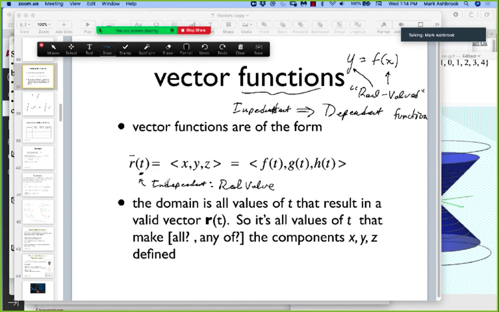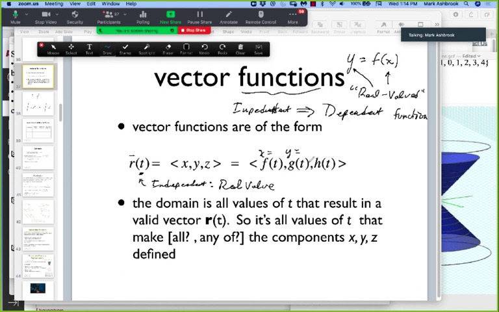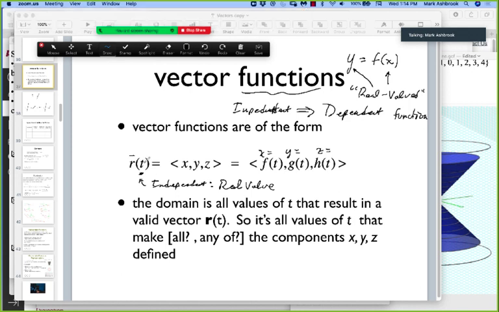So for every real value, the function assigns a vector. And the way it assigns it a vector is by 3 separate real valued functions, right? So there's a real valued function for x, a real valued function for y, and a real valued function for z. And that forms the vector that you get for whatever value of t there is.